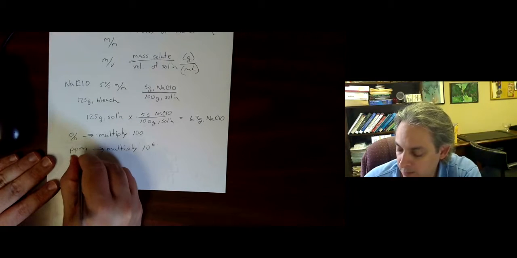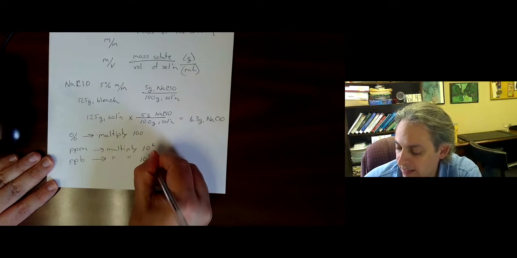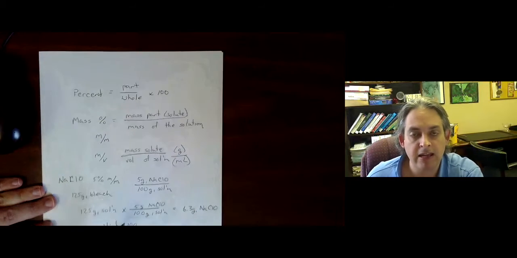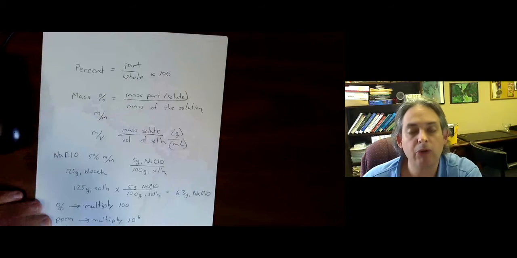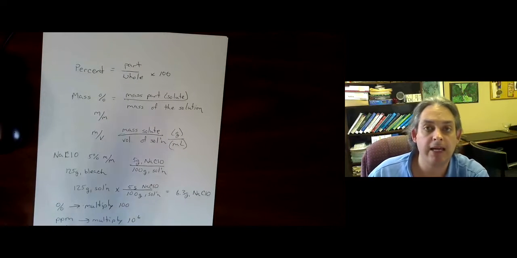And a ppb is simply multiplying by 10 to the 9, or a billion. So if you have a percentage, we take our part over a whole and multiply by 100. If we want to calculate ppm, rather than multiplying by 100, we multiply by 1 million. And for ppb, we multiply by a billion.